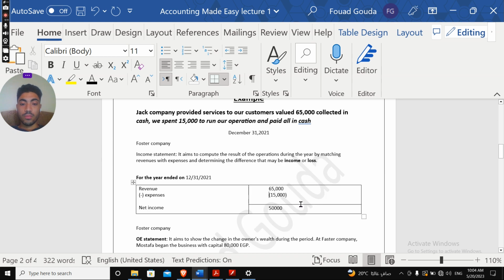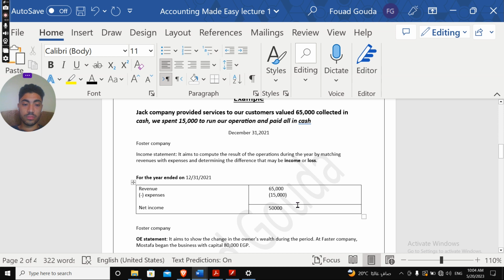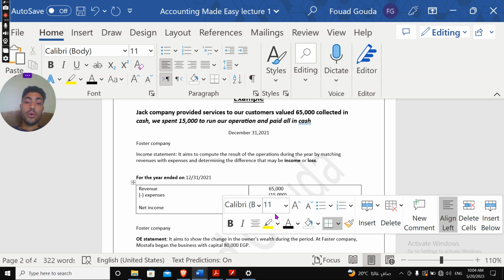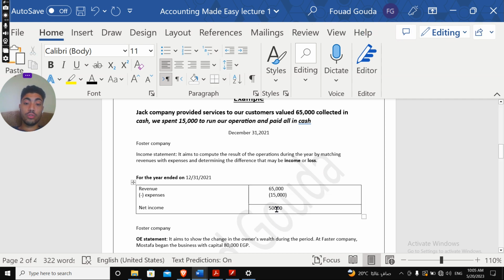So this is a minus form in accounting language. So revenue minus expenses, $65,000 minus $15,000. Okay, it will be $50,000. Is it in positive or in negative? Oh, it's in positive. That means we made a profit.